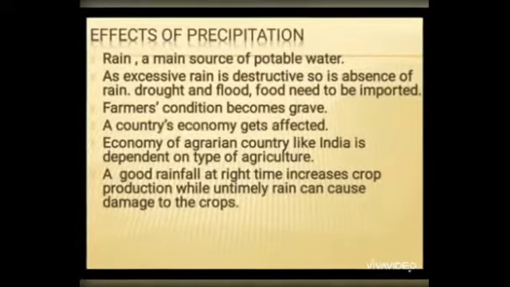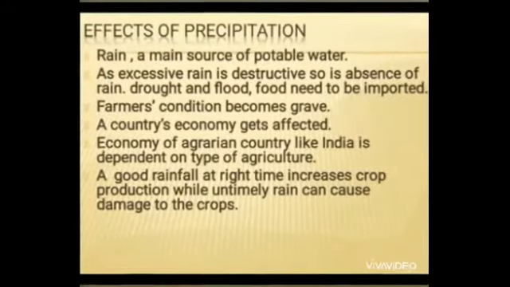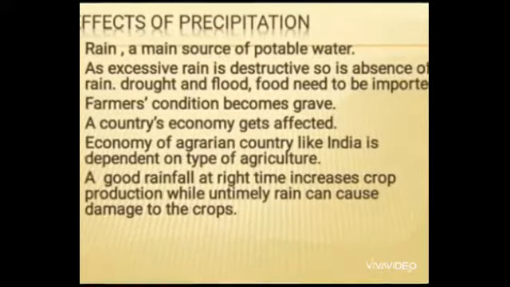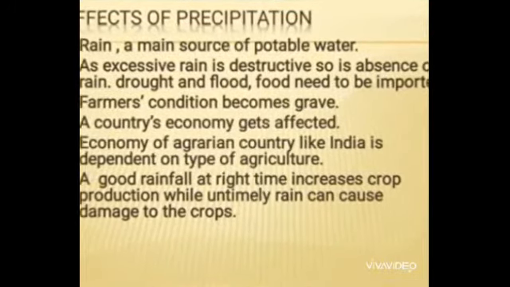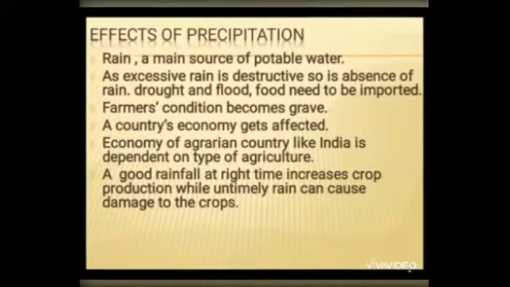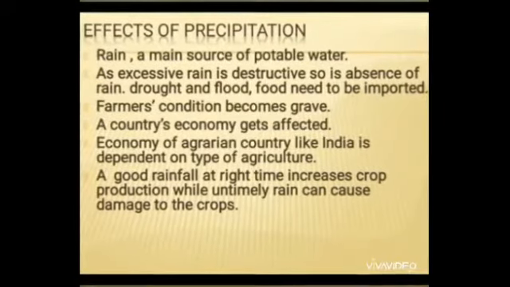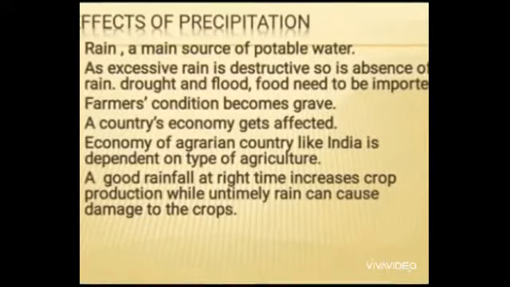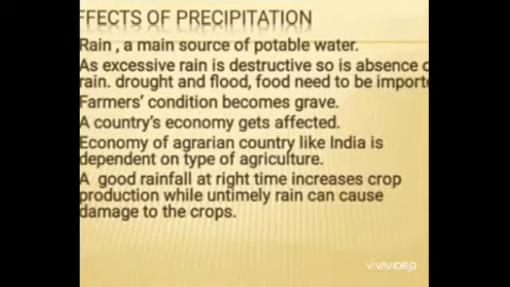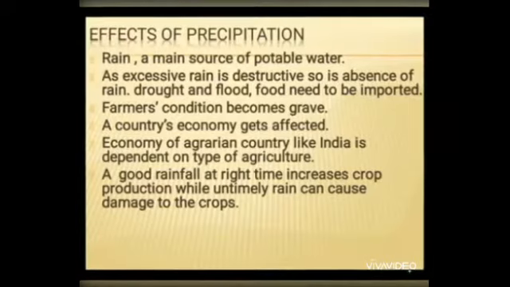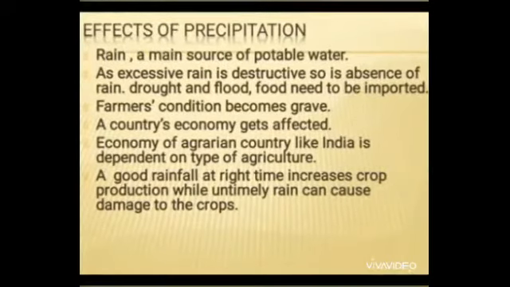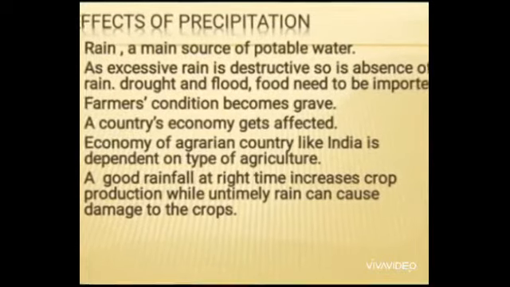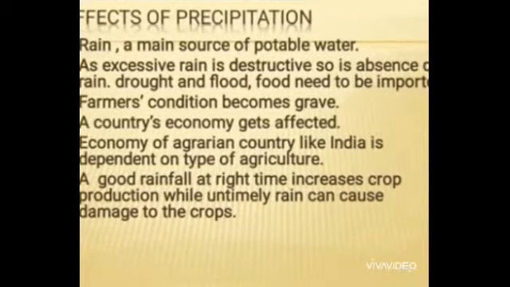Effects of precipitation. The main source of potable, that is, drinking water that can be consumed, available on the earth is precipitation. As excessive rainfall is destructive, so is the absence of rain.